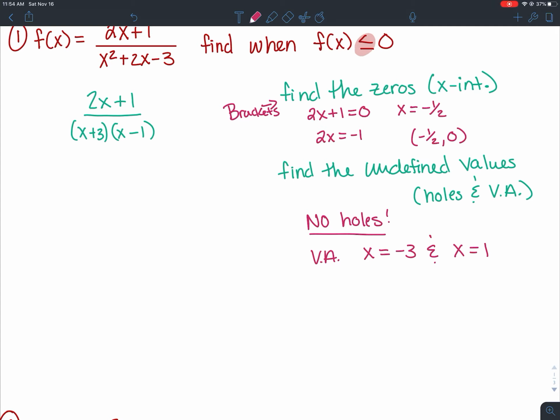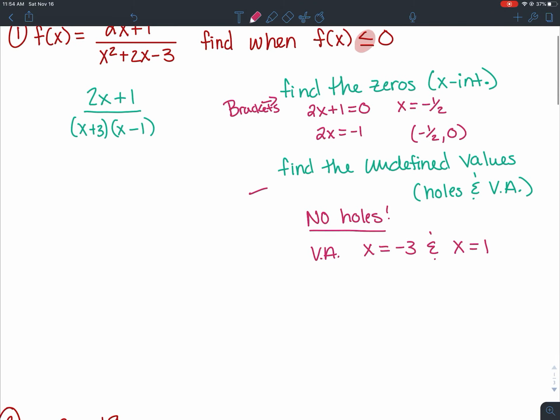If it's not in an interval, I just put it as a single number with brackets. If it's undefined, I'm going to use parentheses every single time. I don't care if it's less than or equal to, greater than or equal to, less than, or greater than, I'm going to use parentheses. Now, if it was less than or greater than with no equals to, my zeros would have parentheses.